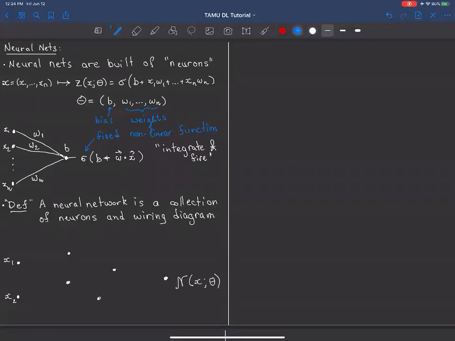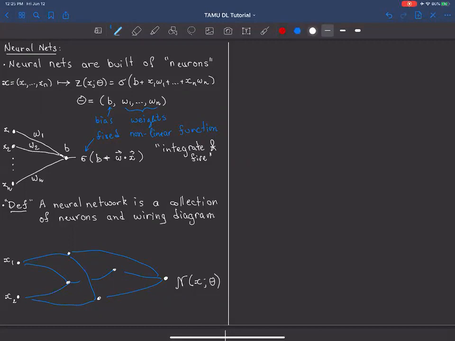And then I'm going to have connections between various nodes. And in principle, the connections can be absolutely arbitrary. So this is a fine example of a neural network. And the way you think about this is every blue edge has a weight attached to it. And then every neuron has its own bias and its own nonlinear function sigma.